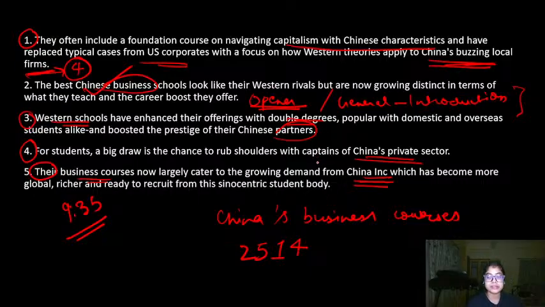Now, statement 3 is clearly a sore point here, fits nowhere because it's talking about what the Western schools are offering. So this can come before or after too, right? But again, it is least thematically compatible out of all of the given sentences. So the odd one out in these statements is statement 5.